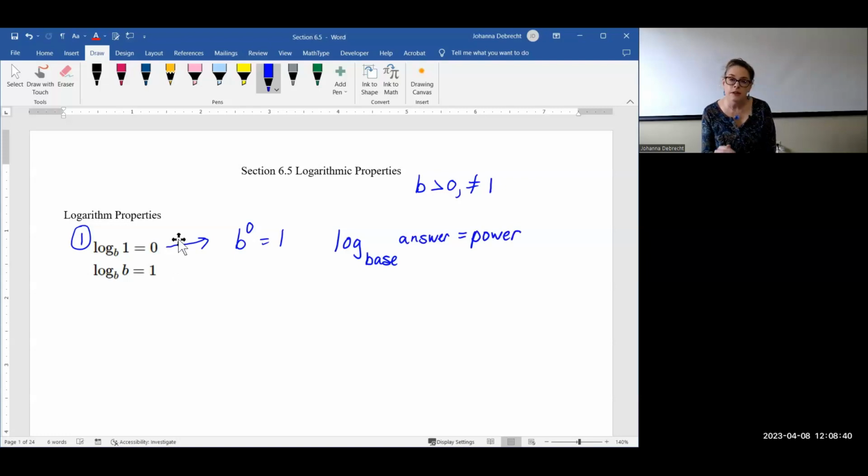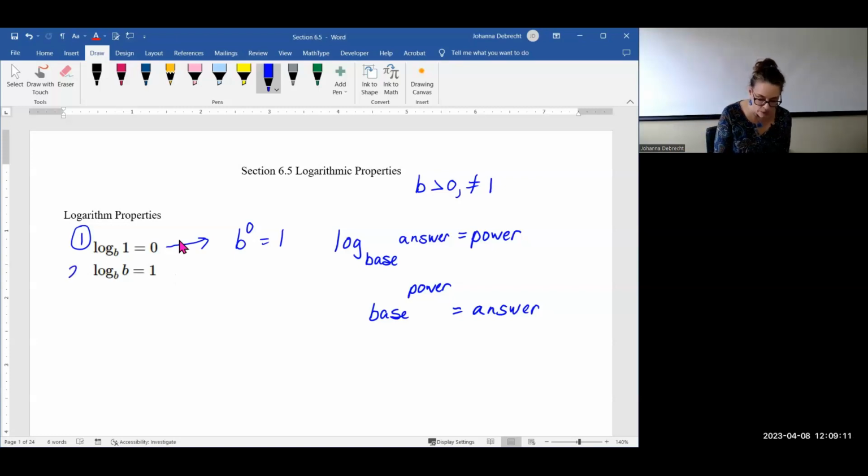Now we can compare this to the exponential form, where we take the same base, raise it to a power, and get the answer. So we can see that we have the same relationship here, and this gives us the logarithm property, log base b of 1 equals 0. In other words, if the answer part is 1, the power must be 0. Or if the power is 0, then the answer part must be 1.